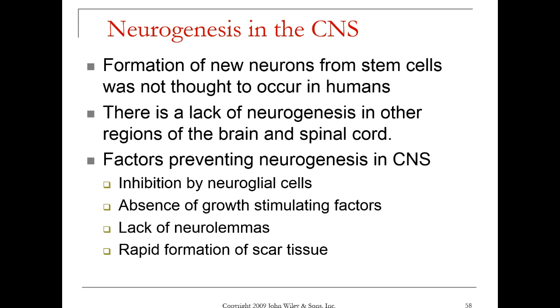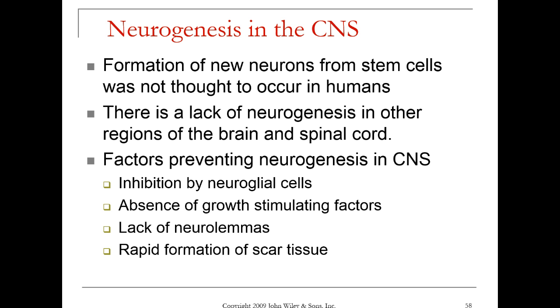Well, there is some evidence that there could be some new neurons that do occur in humans. To do this, you've got to have some stem cells that are active.